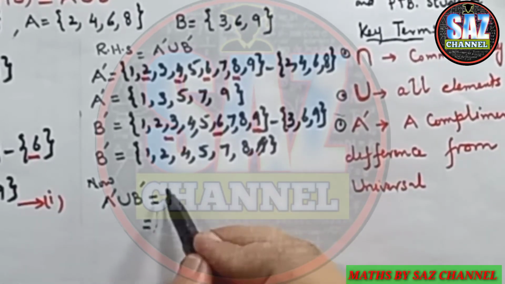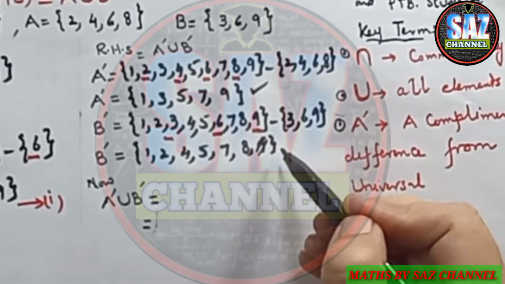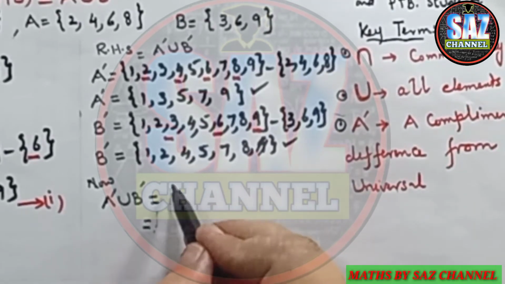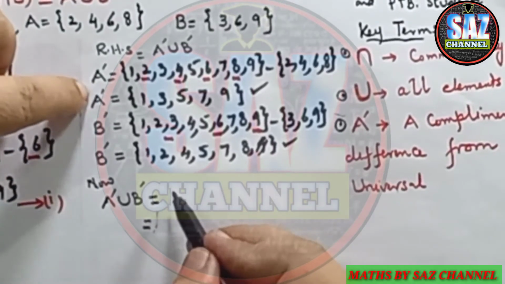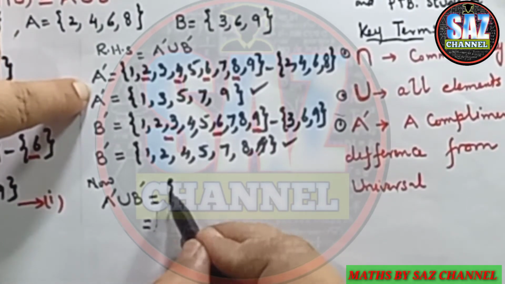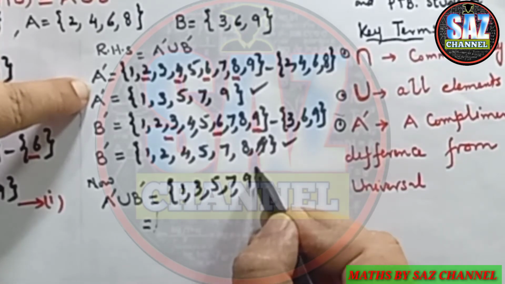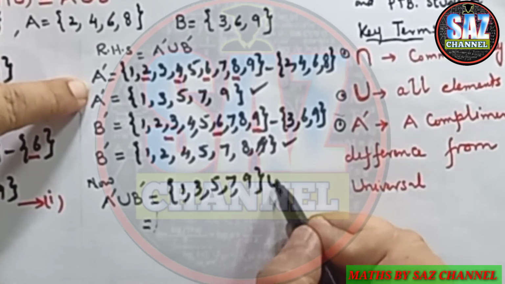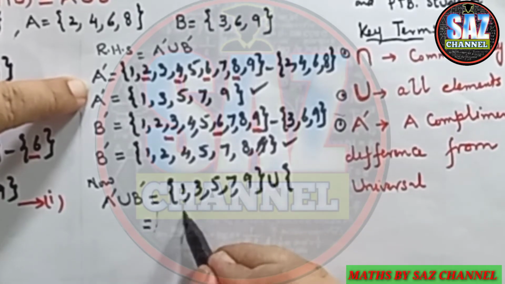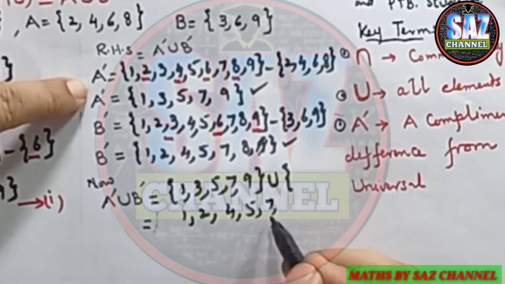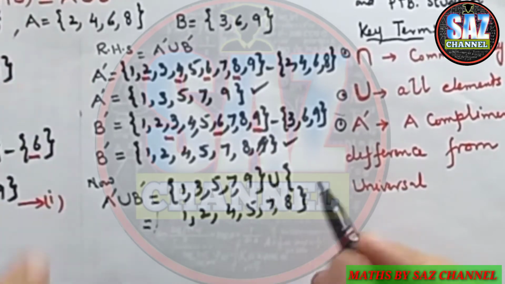So finally I have to take the union of these two sets, and I have to write A complement, that is 1, 3, 5, 7 and 9, union B complement, that is 1, 2, 4, 5, 7 and 8, and close the bracket.